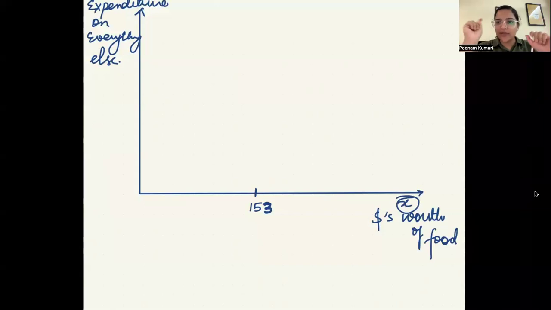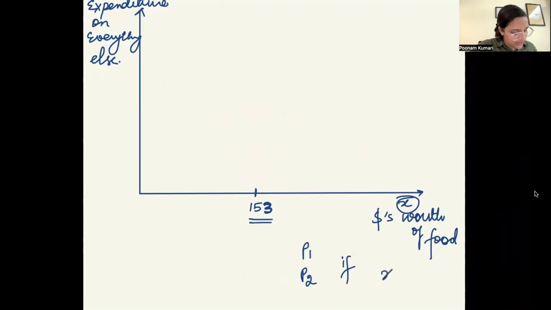So in these two cases, what is the rate at which we are exchanging things? What is P1 and what is P2 if x is greater than 153?